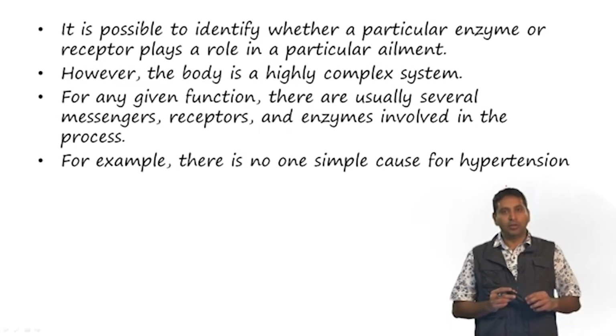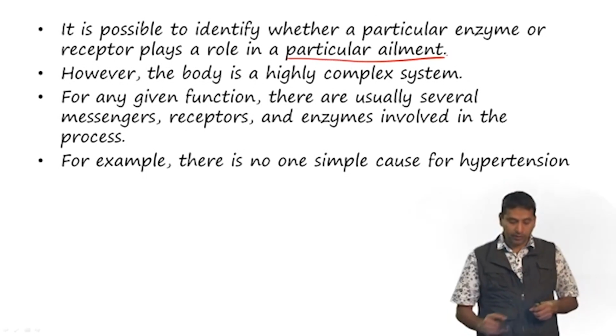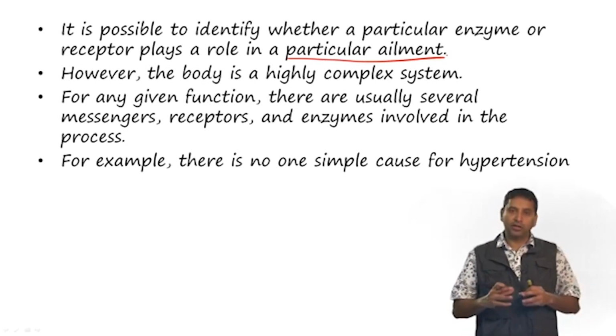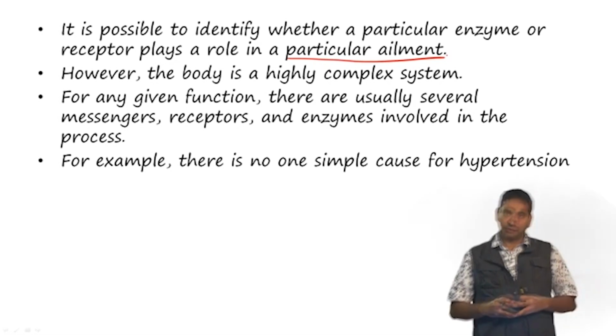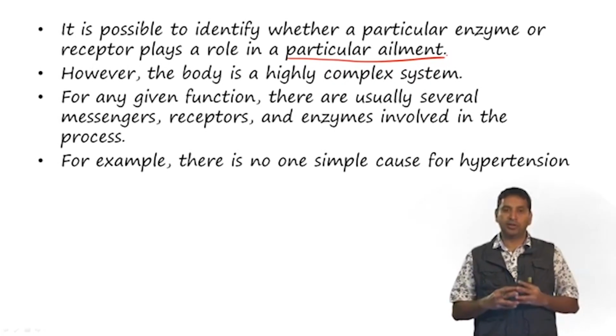Now, it is possible to identify whether a particular enzyme or receptor plays a role in a particular ailment. However, the body is an extremely complex system. For example, if you are looking at hypertension, which is high blood pressure, there are a number of messengers, receptors and enzymes involved in this process.